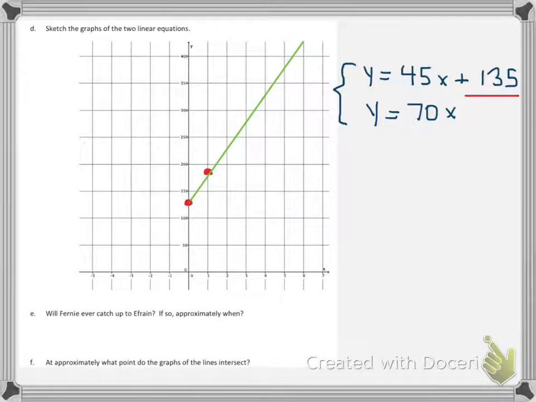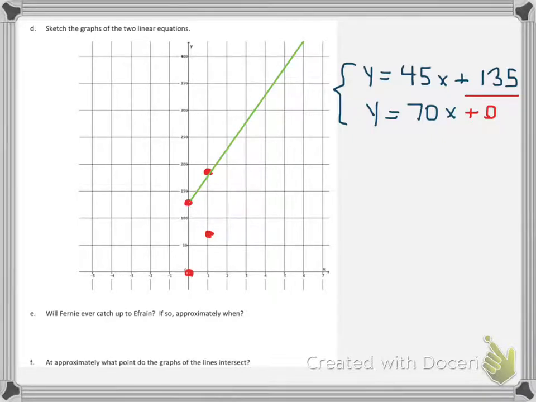All right, and then the second equation, y equals 70x, well, that's really 70x plus 0, so my y-intercept is at 0, right there. And then my slope is up 70, right 1. Up 70, right 1 is going to be somewhere right in there, pretty close to that.